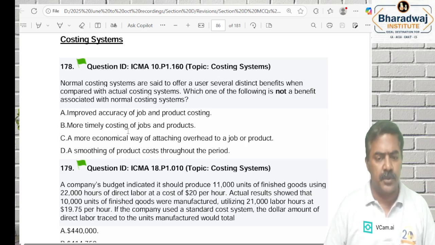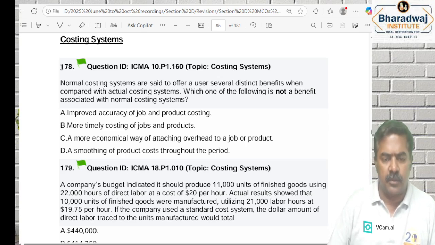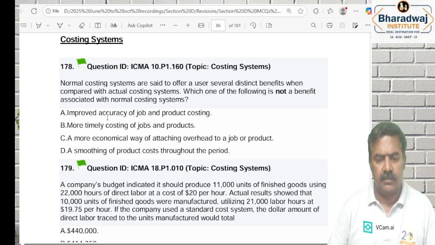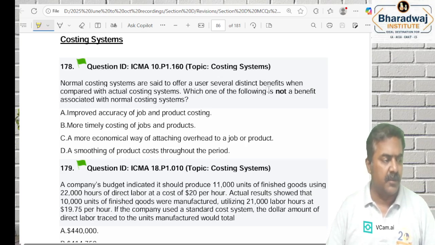Coming back to the MCQs, go through question number 178. Which is not a benefit of normal costing?